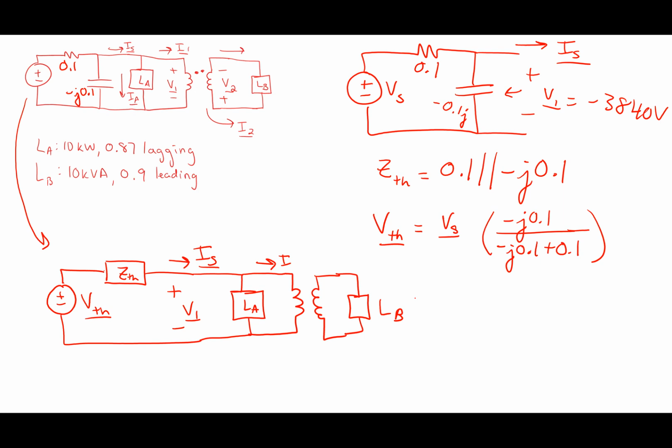Okay, so if I want to figure out V sub S, what do I do? From this circuit, what can I say V Thevenin is, just by a KVL around this?